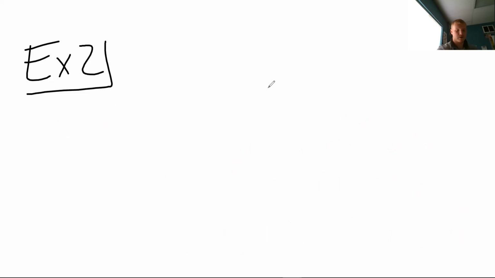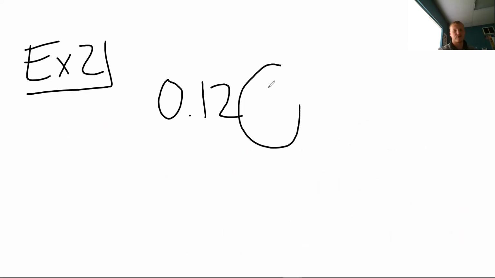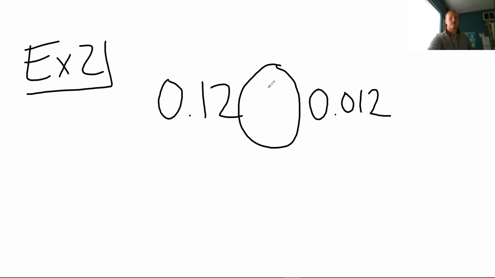Example 2, comparing. I'm using the highlighter still. So we got 0.12, put a big circle in between so we know I'm comparing, and then 0.012. First off, which one of these is the larger number?